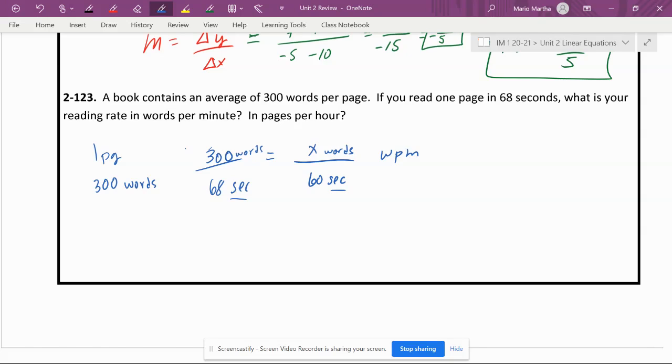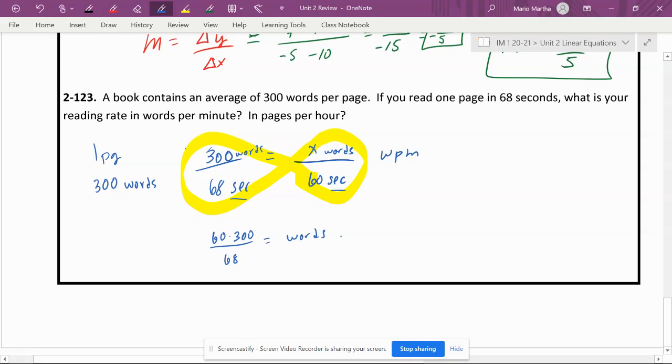So here, again, if you remember the method to solve any ratio is that you cross multiply, or draw your butterfly, and then 60 times 300, and then divided by 68 would give us how many words we're reading per minute.